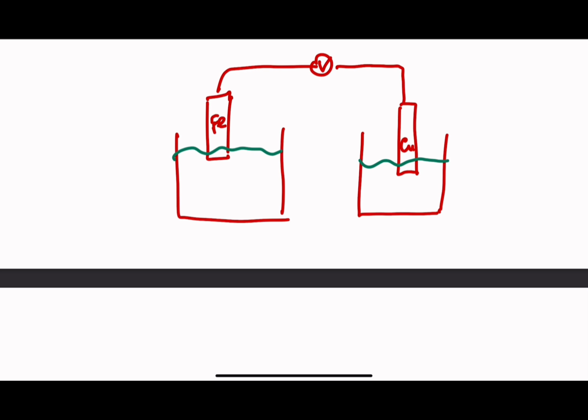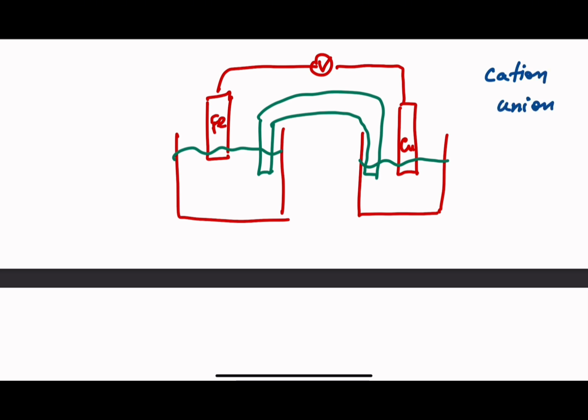I need to put a salt bridge, and then I need to indicate the cation and ion flow, and I also need to show electron flow. We know that iron oxidizes, so iron goes into the solution by oxidizing, and electrons are going up. We know the reaction, so it gives us this.